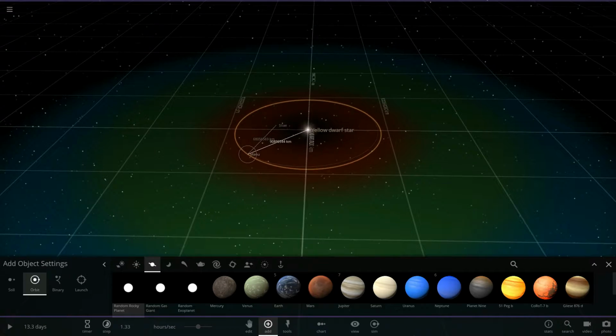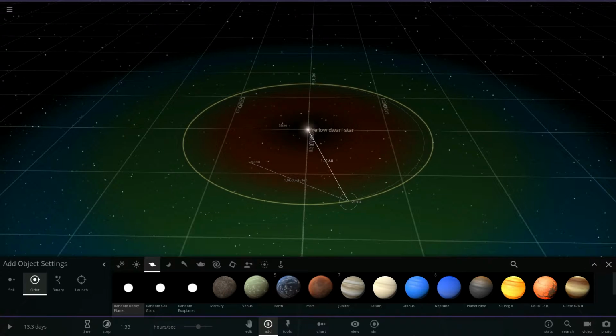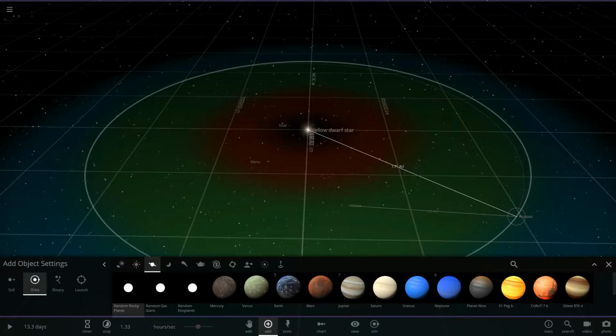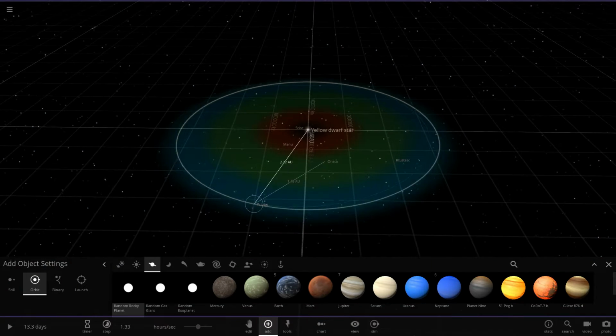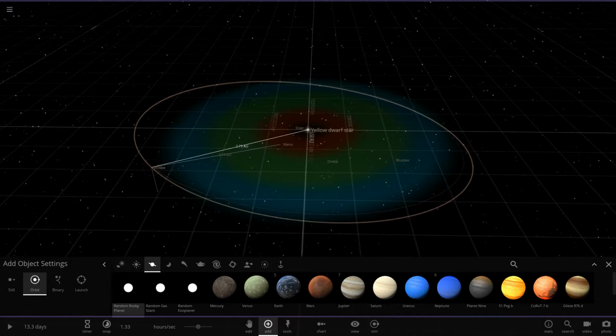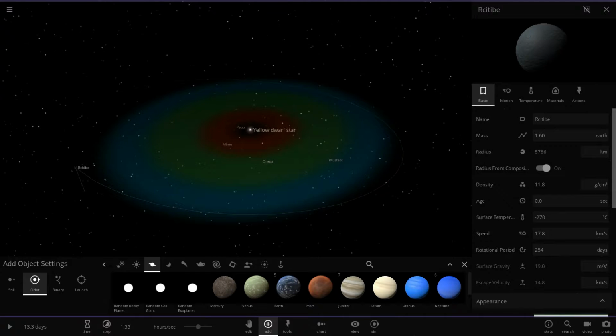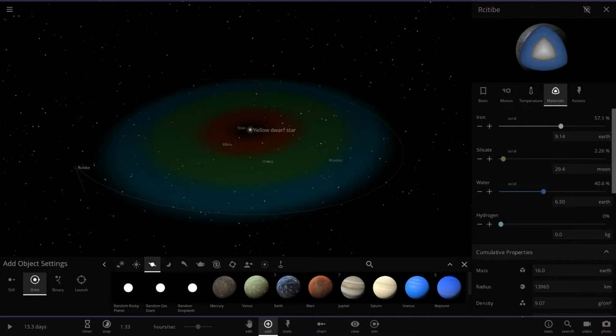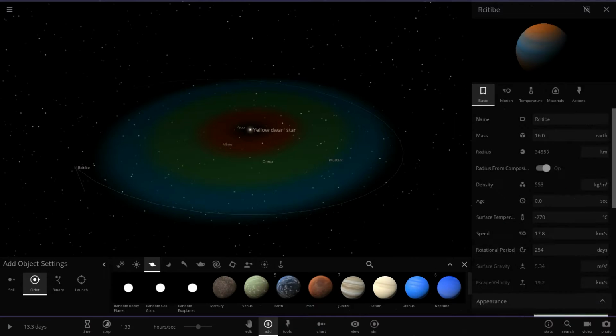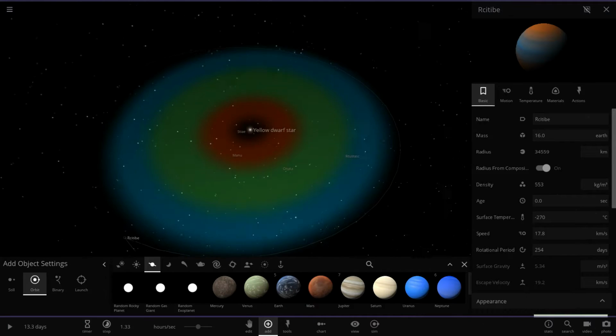They do have more space between the systems as well, so they can have many more planets, and it really does work at times. So it could be something like this.